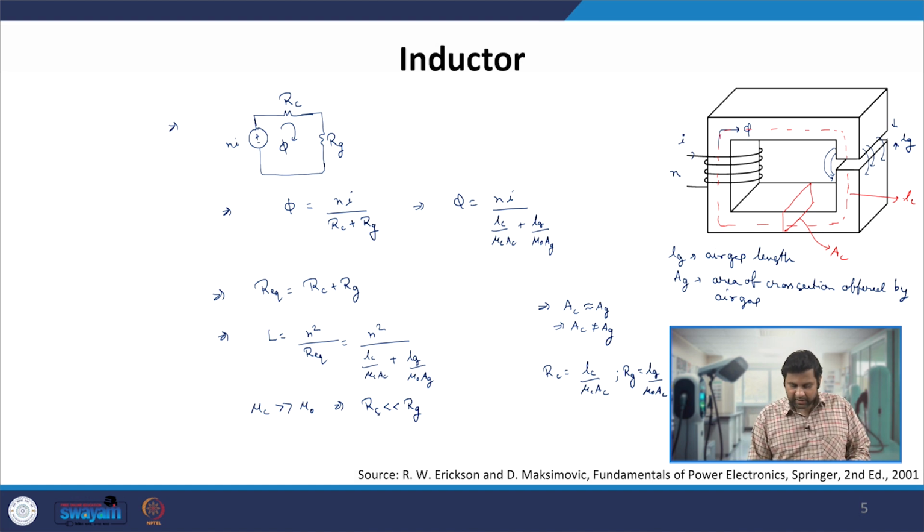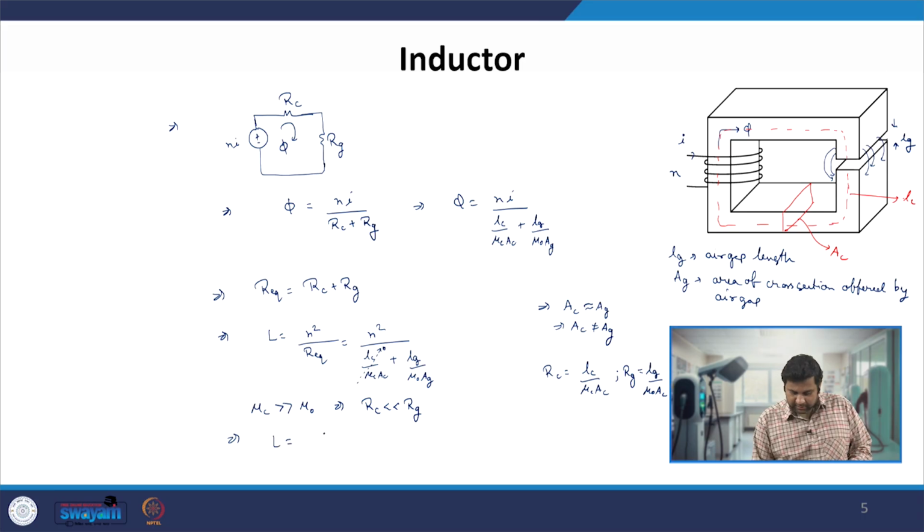Because of that, my Rc value is very much smaller than Rg, so in this denominator this term is very small, going towards 0. That is when L is nothing but N square by Lg by mu naught Ag, and so L is nothing but mu naught Ag times N square by Lg.